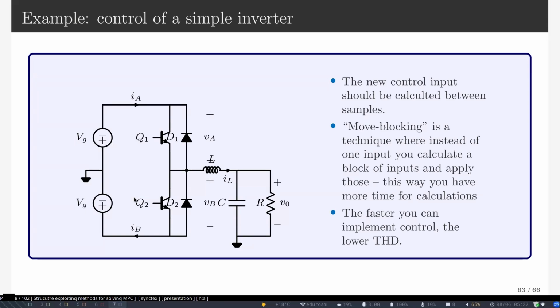The current of an inductor and the voltage of a capacitor. Yeah, they are states of the circuit. Now, why are they states? Because they contain all the information you need about the circuit.